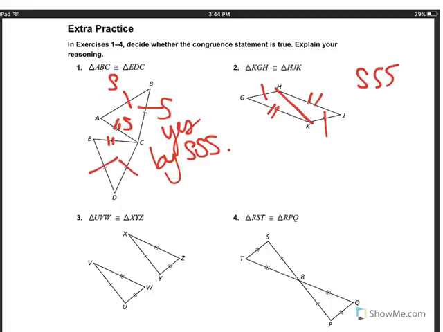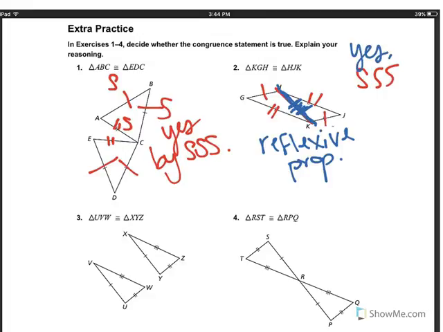Since they are lined up right on top of one another, that is actually the reflexive property. Meaning that this side is indeed equal to itself. So yes, by side, side, side, and reflexive property.